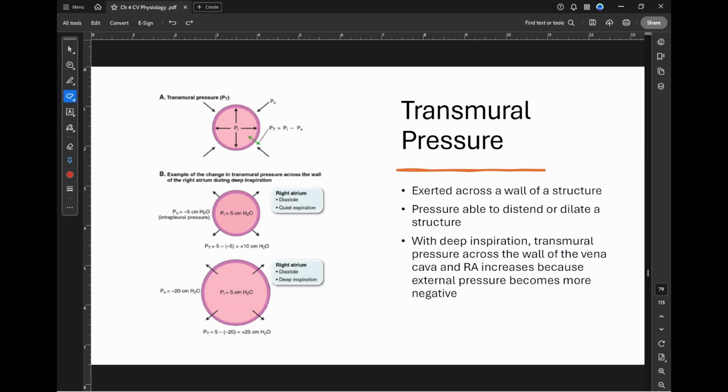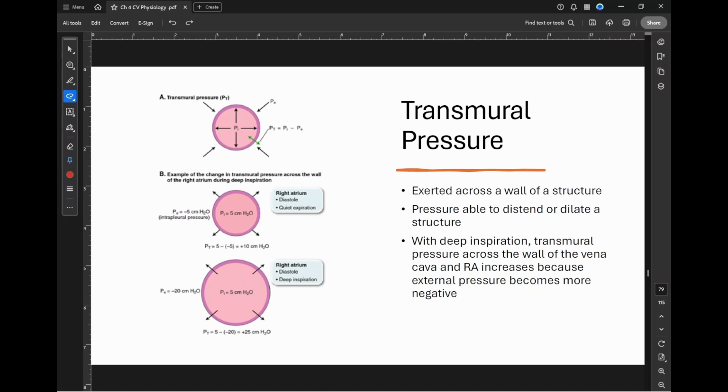Because we decreased the intrathoracic pressure from here to here. Deep inspiration, reducing intrathoracic pressure, reduces the transmural pressure holding down on top of the atria, the pressure across the wall. What pressure is keeping the vessel open? You learned that one too. Hydrostatic pressure. Hydrostatic pressure pops the vessels open.